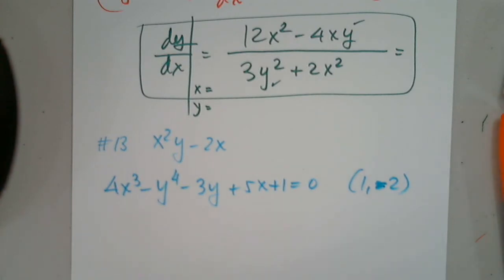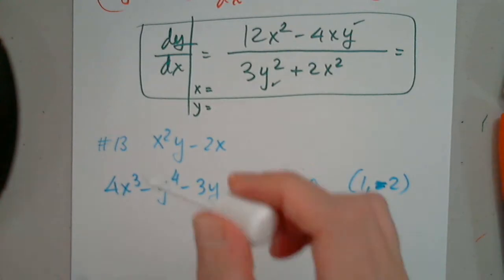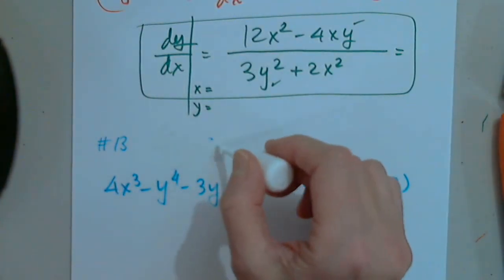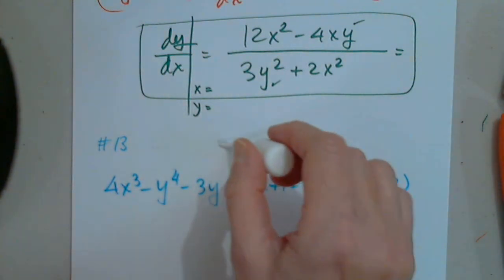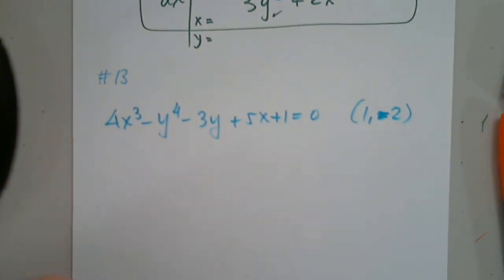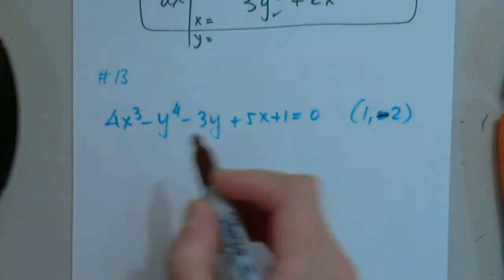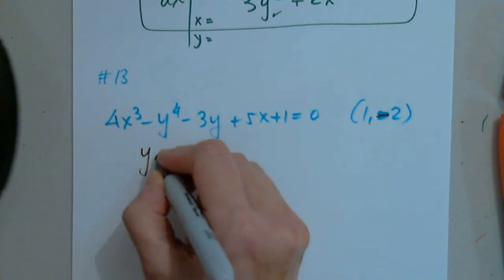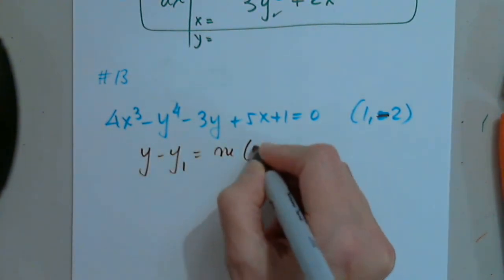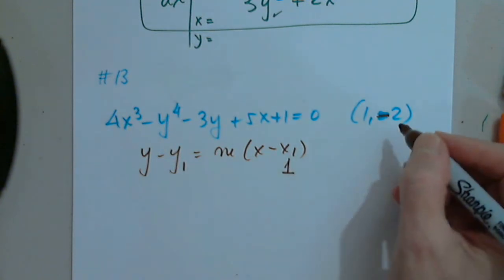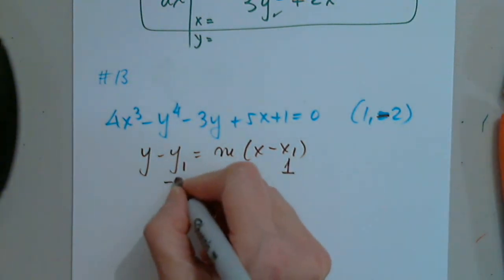Okay, so we are given an equation. We are not going to solve for y, even if we can, and we cannot. So we're asked to find the equation of the tangent line to the graph of whatever this is at 1, negative 2. So I have y minus y1 equals the slope times x minus x1, where x1 is 1, y1 is negative 2.